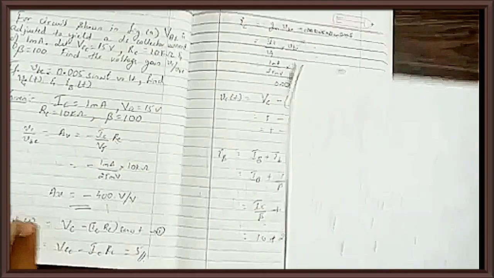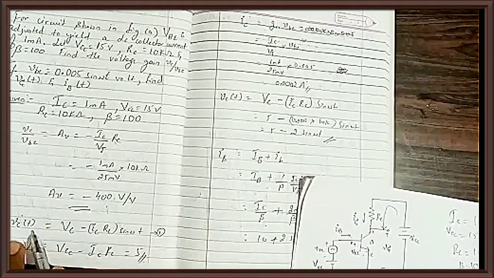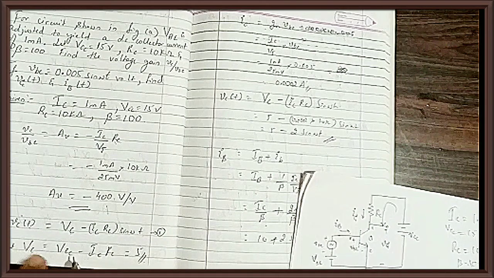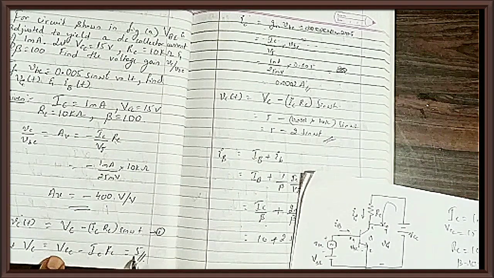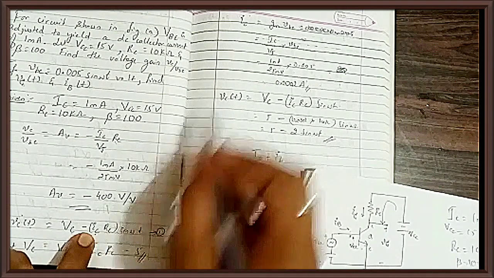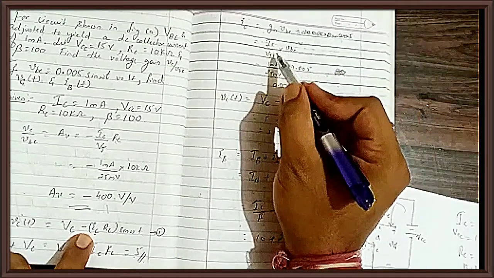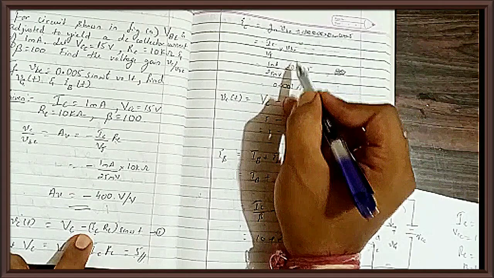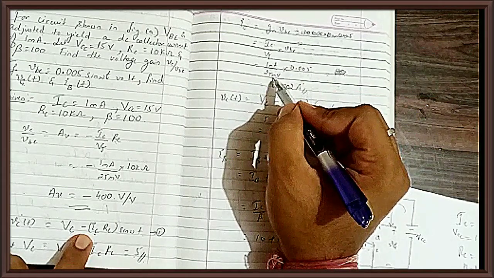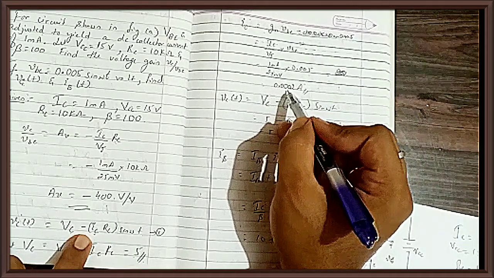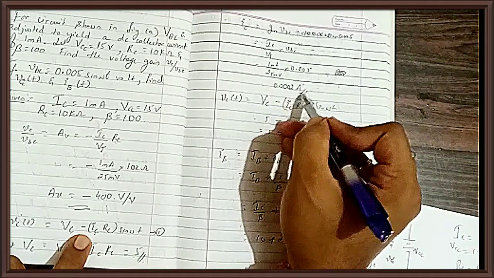So coming back to this problem which I have already solved. Look here. vC of t is VCC minus IC into RC, plus the small signal term. So what is VCC minus IC into RC? It is 5 volt. Small ic is what? GM into vb. What is GM? IC divided by VT. So what will I get? 1 milliampere divided by 25 millivolt into 0.005 volt, that will be equal to 0.0002 ampere.